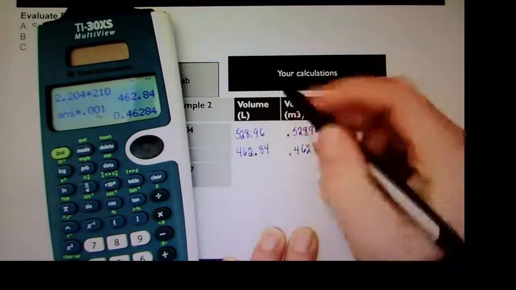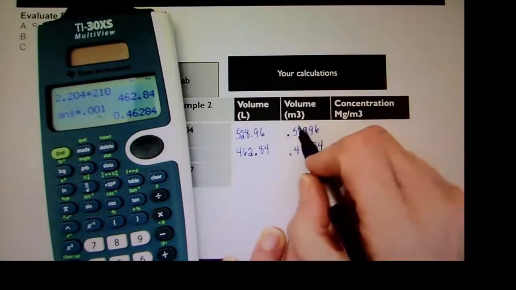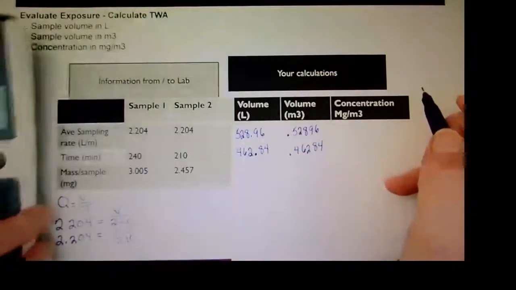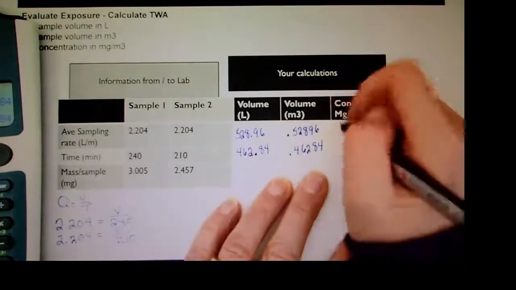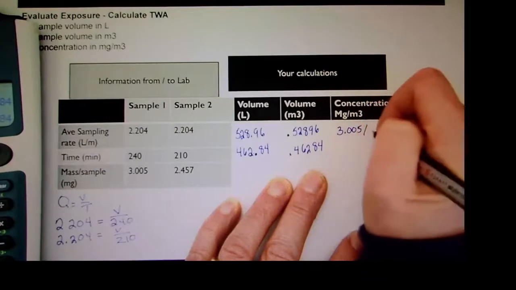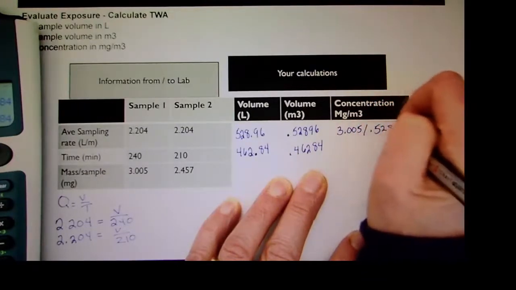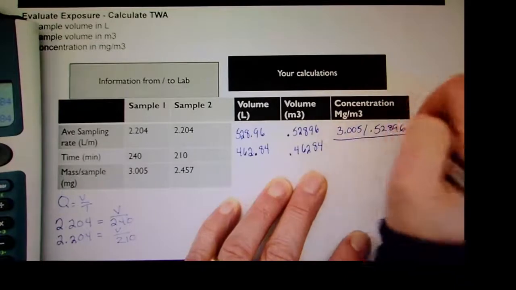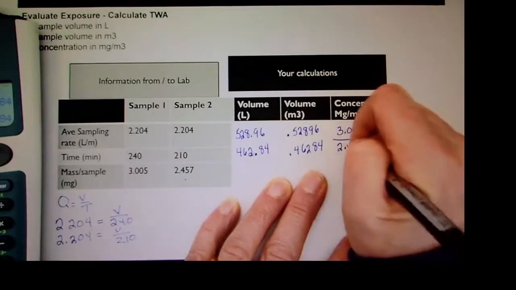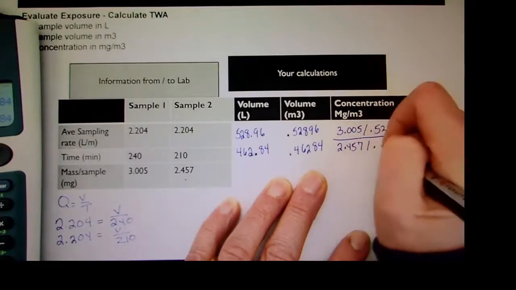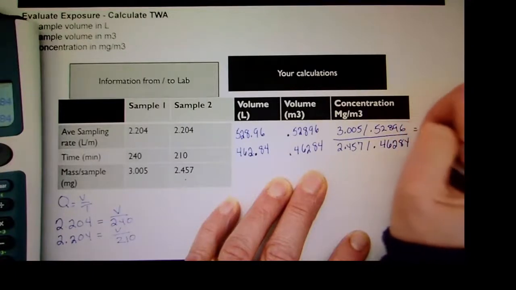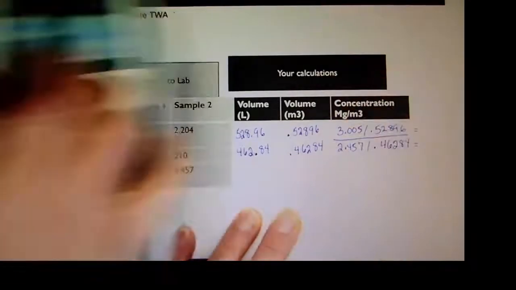So we have our sample volume in liters, we have our sample volume in cubic meters, and now we need to calculate our concentration. So we have our mass back from our lab. And we have the mass back from the lab on the other sample. And now we can calculate our concentration.